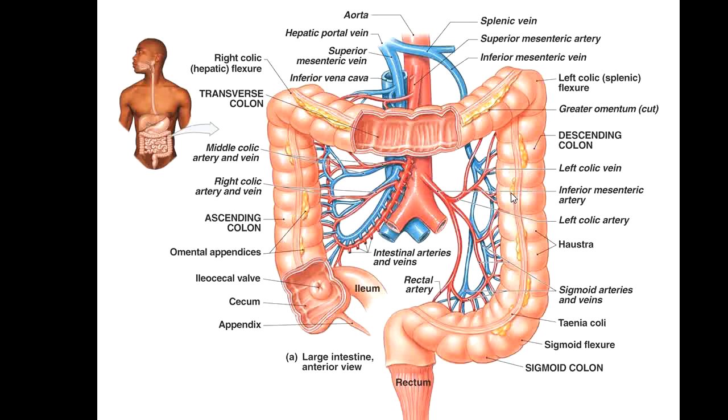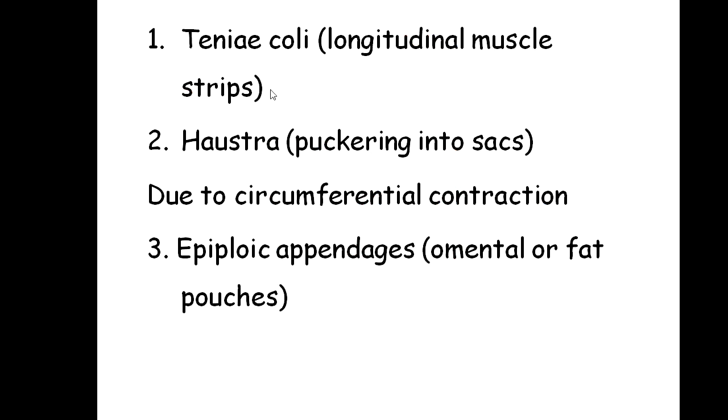Next, this is the sigmoidal flexure. This area is the sigmoidal flexure. It makes a flexure-like structure, that is why it is called flexure. And you can also see that from the sigmoidal portion, in the rectal portion, in the anus, there is no tinea coli or haustra.